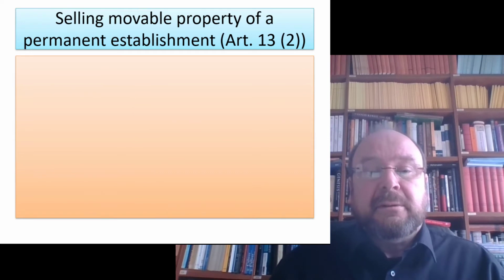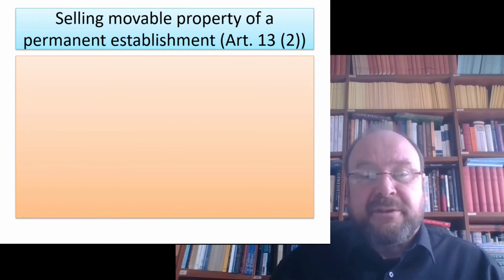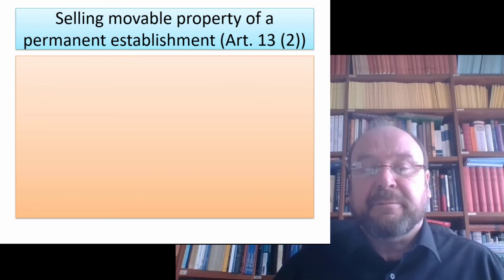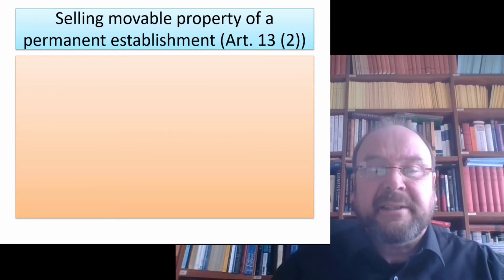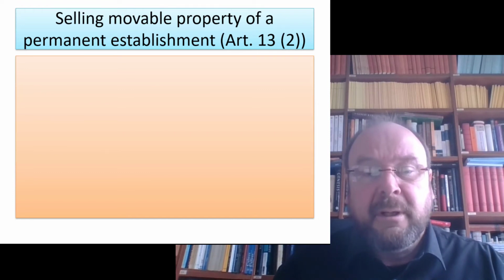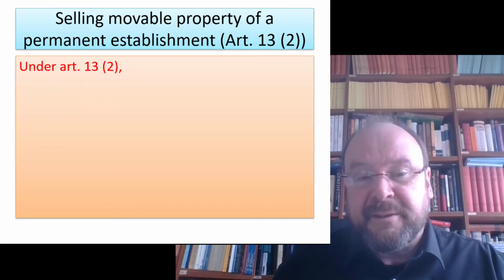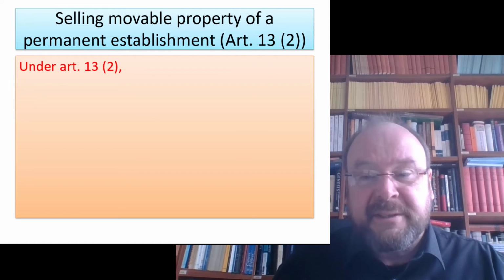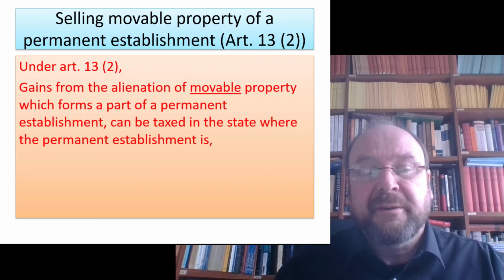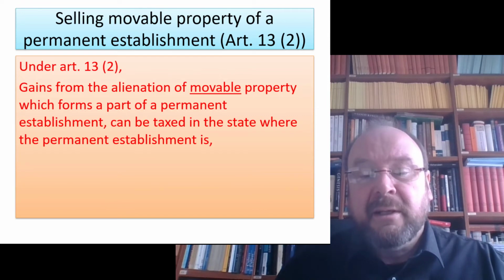So let's now turn over to the next kind of property which you can sell. That is now the movable property of a permanent establishment. Under Article 13.2, this is regulated. The gains from the alienation of movable property can be taxed by the country where the permanent establishment is situated.